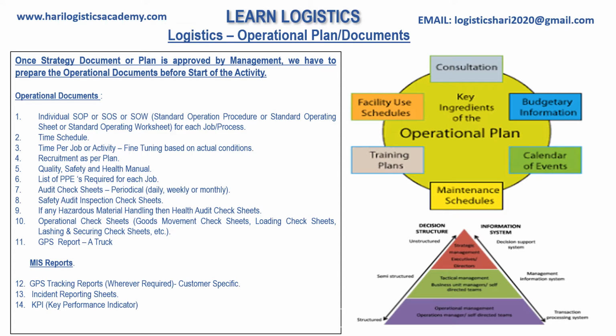This is not a complete list. There may be variations based on your requirements. One, individual SOP or SOS or SOW, because different companies call different names. SOP means standard operating procedure, SOS means standard operating sheet, and SOW means standard operating worksheet.